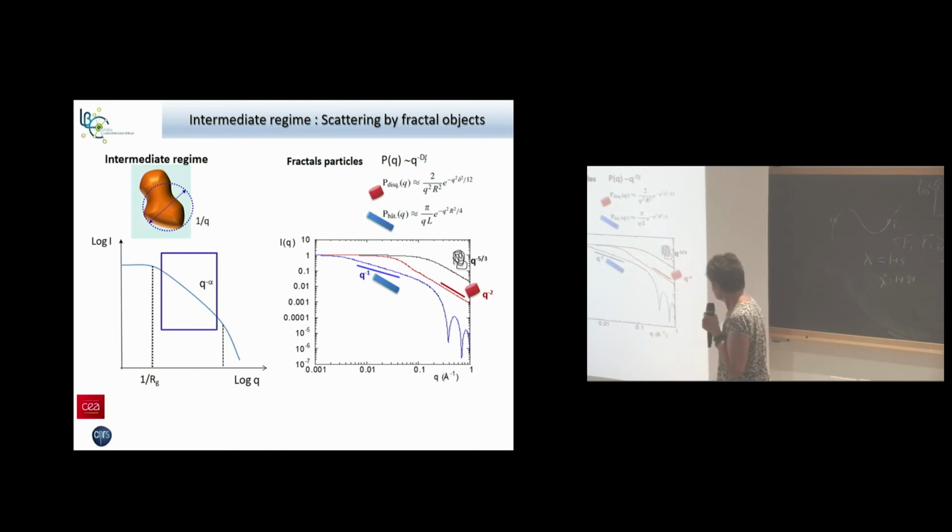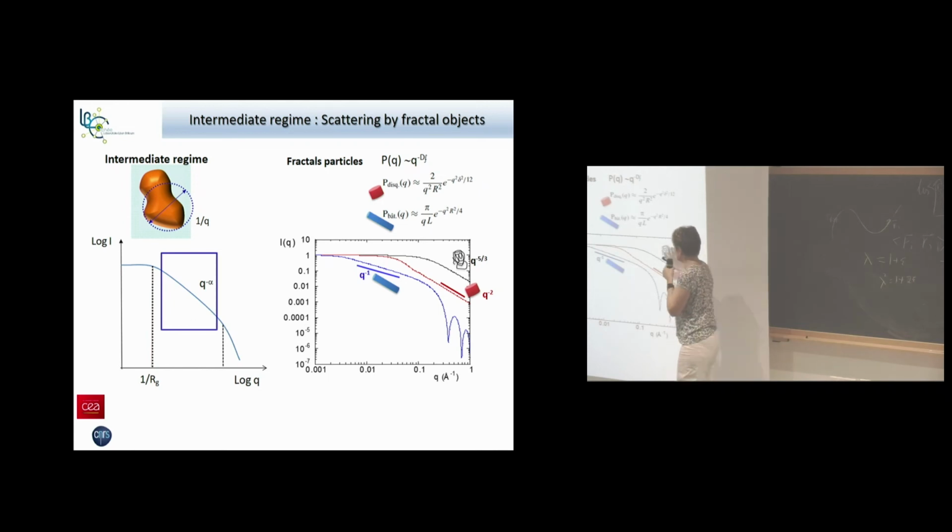What are the oscillations at high Q? At high Q, we are looking at the diameter. For example, we don't see the length anymore. We are looking at the radius of the rod, and these are the oscillations. I will show an example with a sphere and with a vesicle.